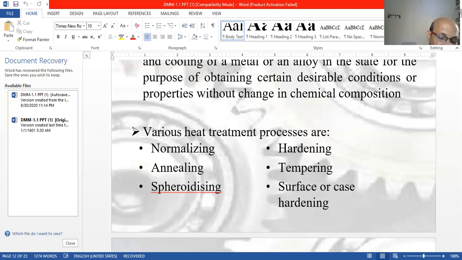The various case hardening processes are carbonizing, cyaniding, nitriding, induction hardening and flame hardening.